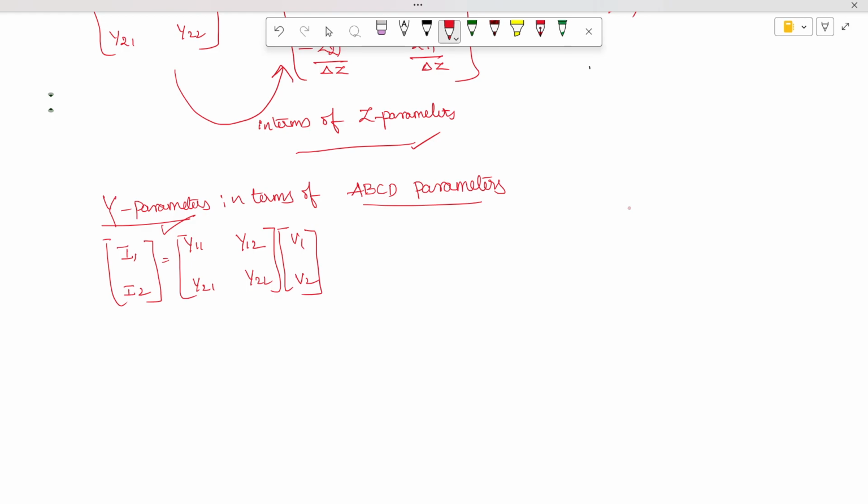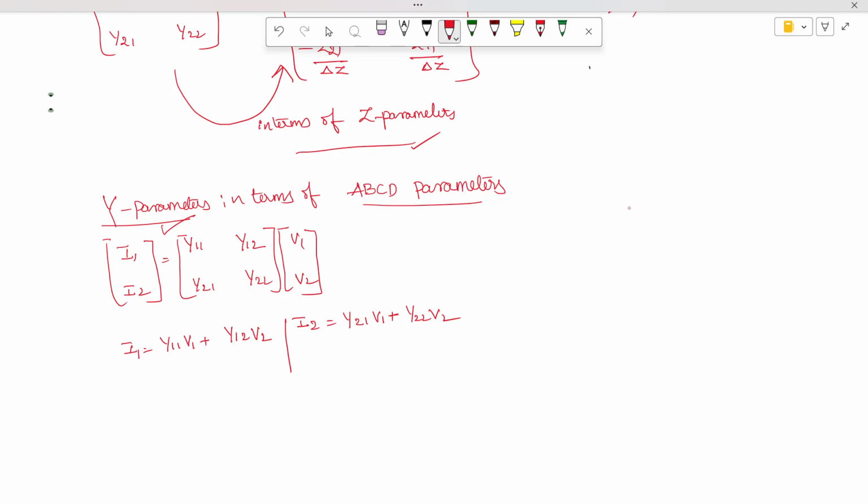So this is actually what we require. The first equation is I1 equals y11 V1 plus y12 V2. The second equation is I2 equals y21 V1 plus y22 V2. This is the basic expression we have.